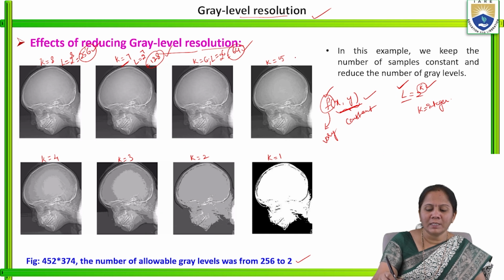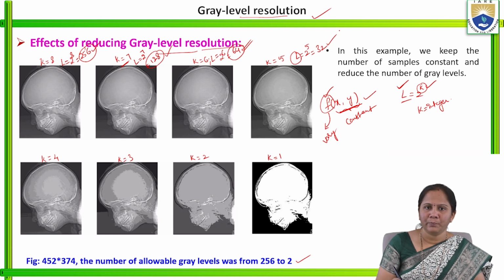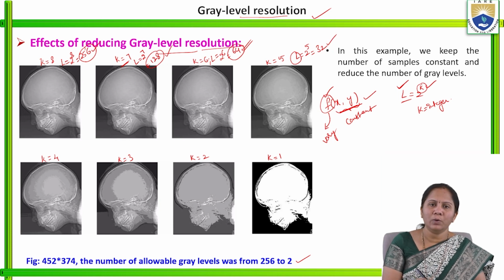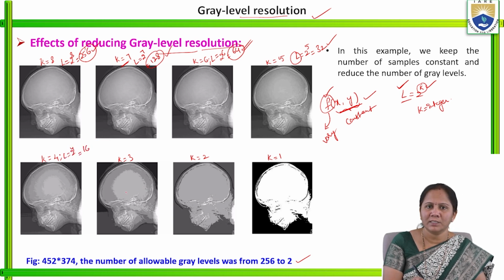Now, for k is equal to 5, L is equal to 2 power 5, where its value is equal to 32. In this case also, the gray level value is being reduced from 64 to 32. And for k is equal to 4, L is equal to 2 power 4, where its value is 16.